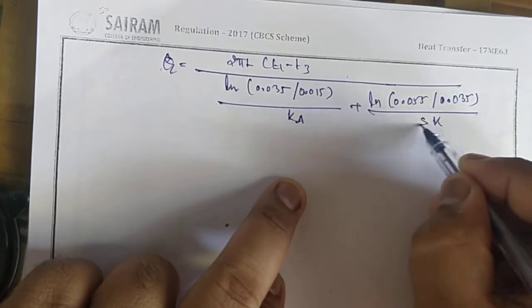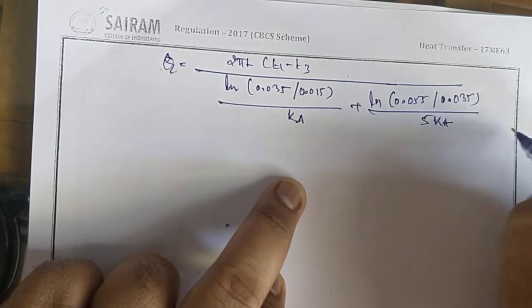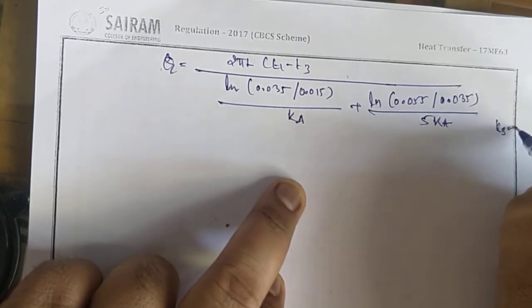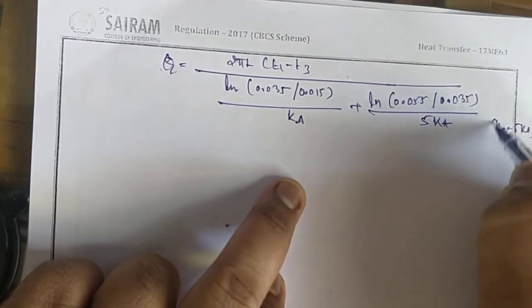Kb is there, but this is 5 times Ka. That's why I have written here Kb is equal to 5 times K.